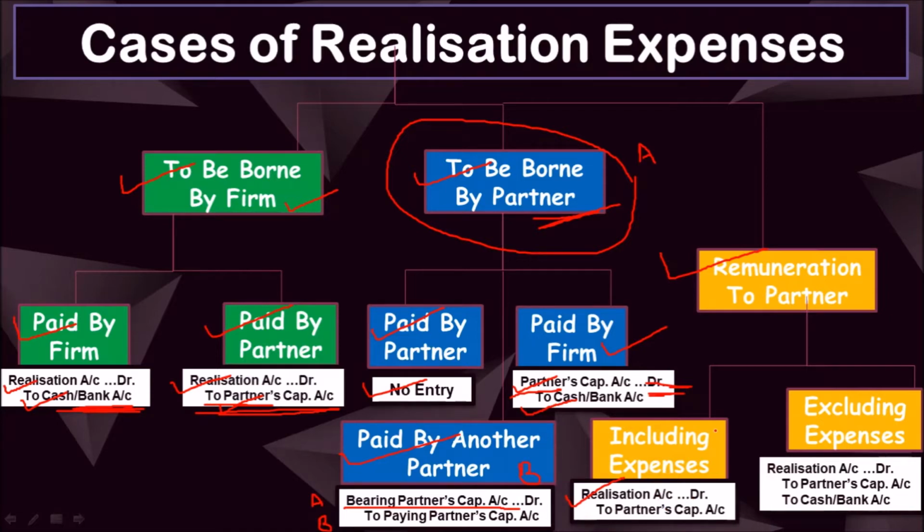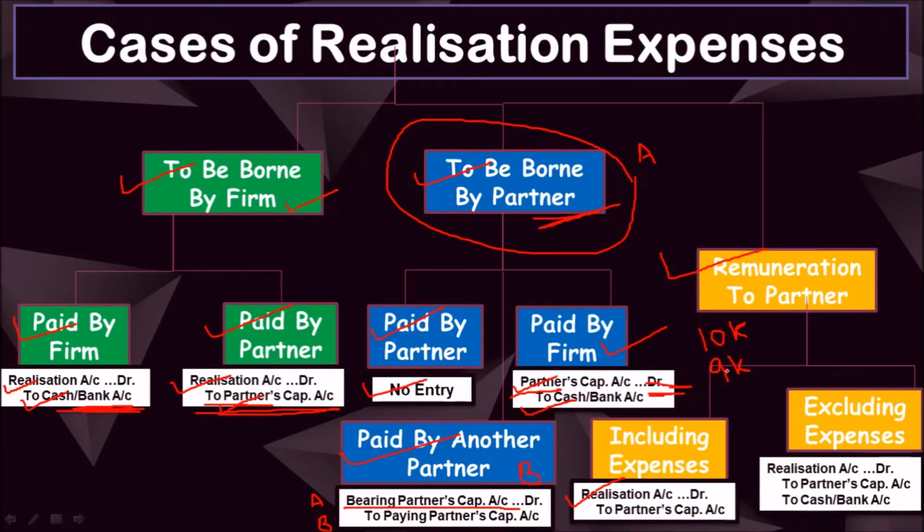Let me tell you one more thing. Say for example the partner was given 10,000 rupees to run the dissolution expenses including the realization expenses, but in actual, realization expenses amounted to 10,000, then there is no problem. But it may be possible that he ran the process and the realization expenses incurred were only 9,000.